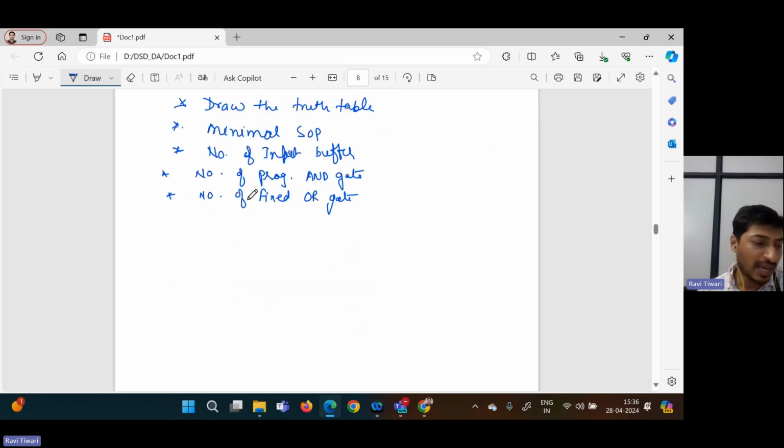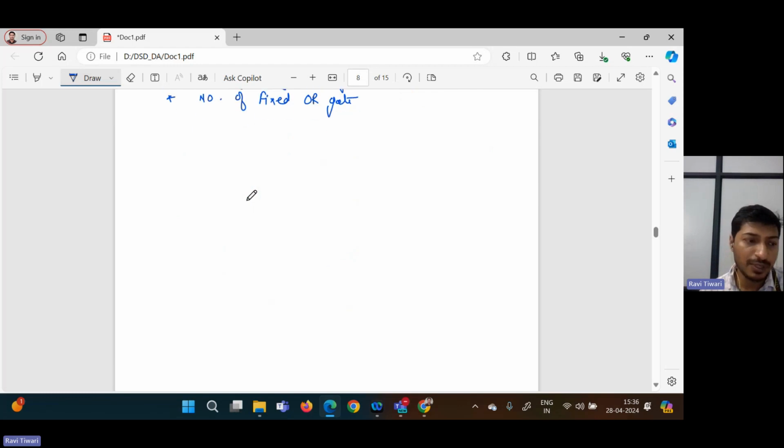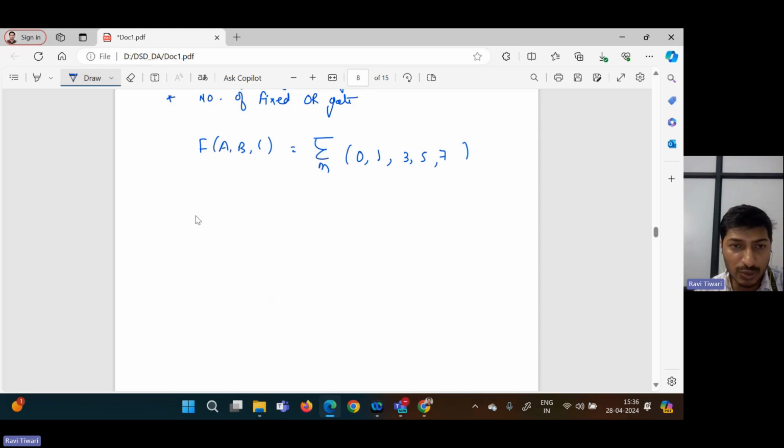Now, as we are having this expression of F, first, I'm writing F is F(A, B, C), and the expression that we are having is in terms of SOP 0, 1, 3, 5, 7. So first we have to draw this truth table. Here we are considering ABC as my input variables and F as my output.